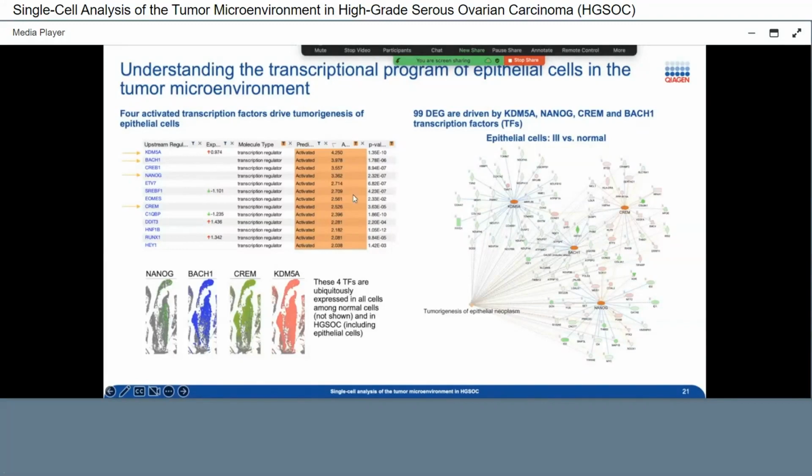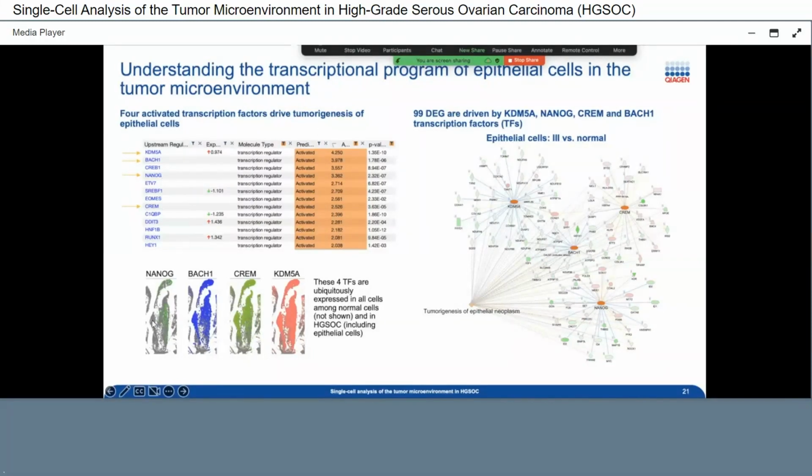And I selected those that were predicted to be activated. So those that are leading a program that will allow specific phenomena, right? And I notice 4 of them are pretty important, very, very high score: KDM5A, BAC1, NANOG, and CREM.